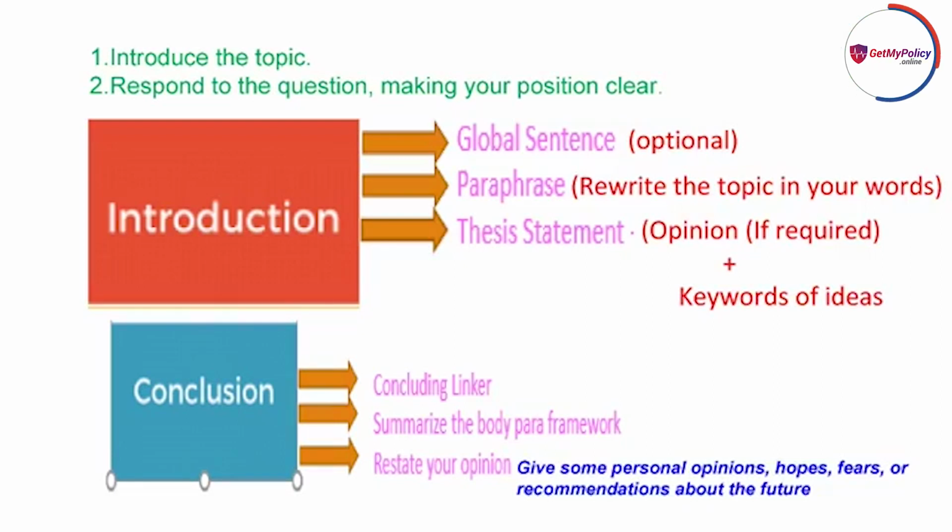Now restate your opinion, and after that, if you find your conclusion is too small, because you have restated your opinion and given the paraphrase, and you need to write more, just give some personal opinions or recommendations about the future also. So this is the format and this is the best way to go.